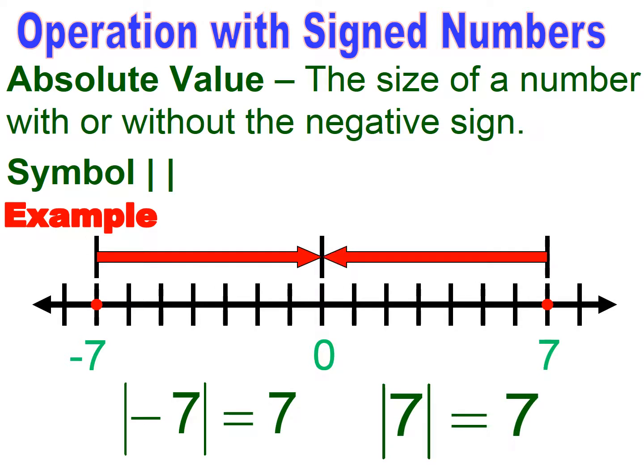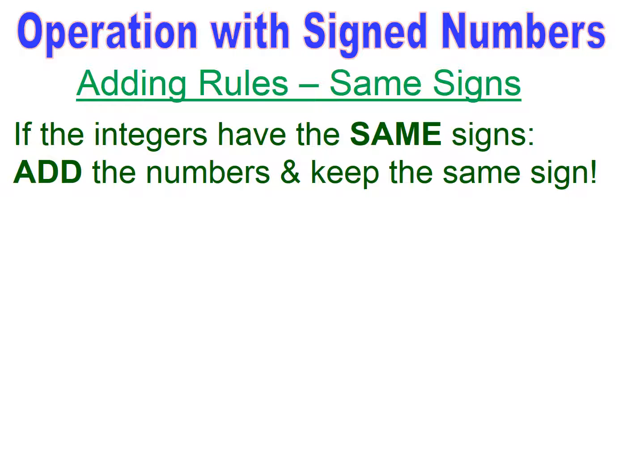Just like the absolute value of positive 7 will equal positive 7. So when you're evaluating an absolute value, you want to find the value that it means. So if it's negative, it comes out as a positive, and if it's positive, it also comes out as a positive. The answer needs to come out of the absolute value for it to be a solution.